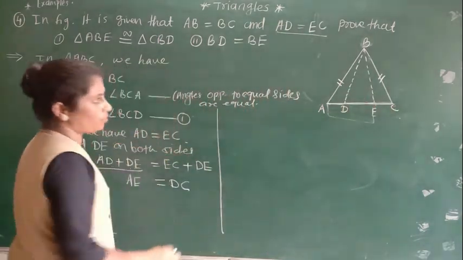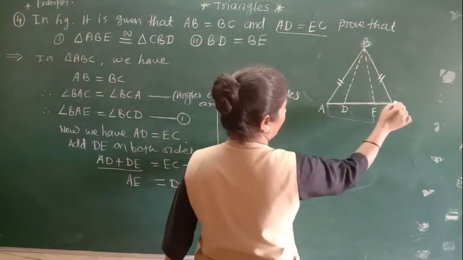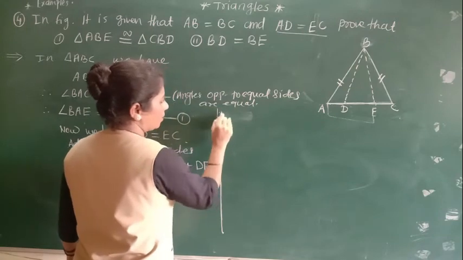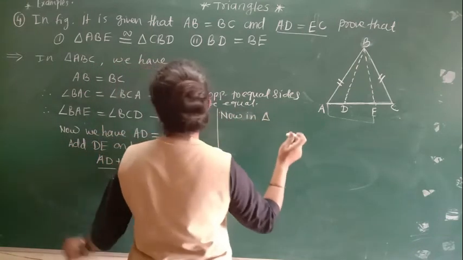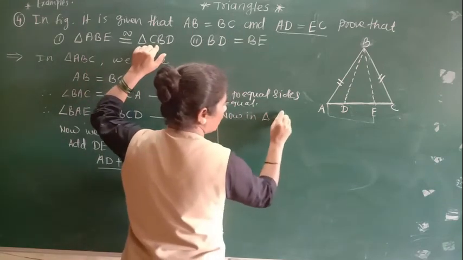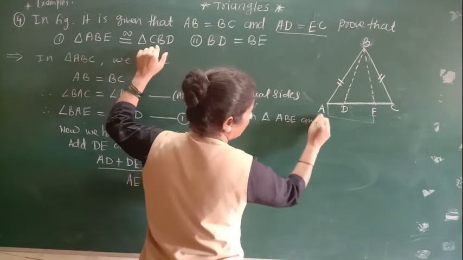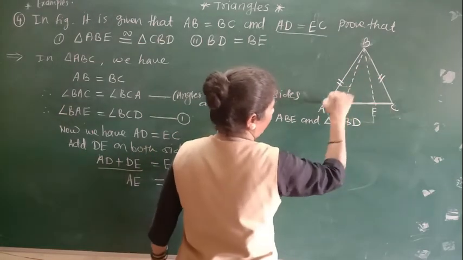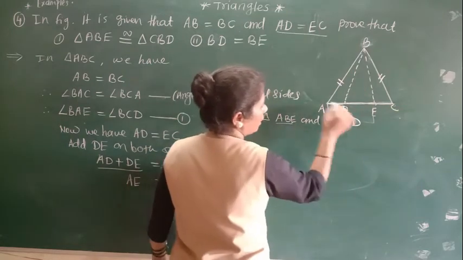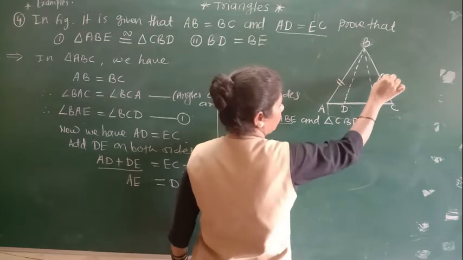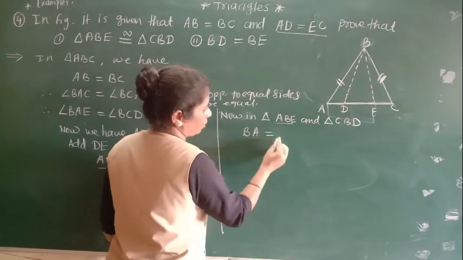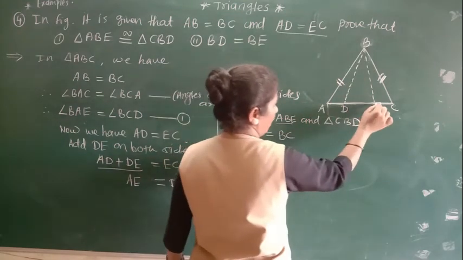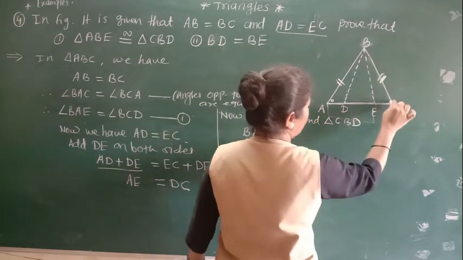Now we take these two triangles: triangle ABE and triangle CBD. In triangle ABE and triangle CBD, we already have BA equals BC. Again, we have angle BAE equals angle BCD.